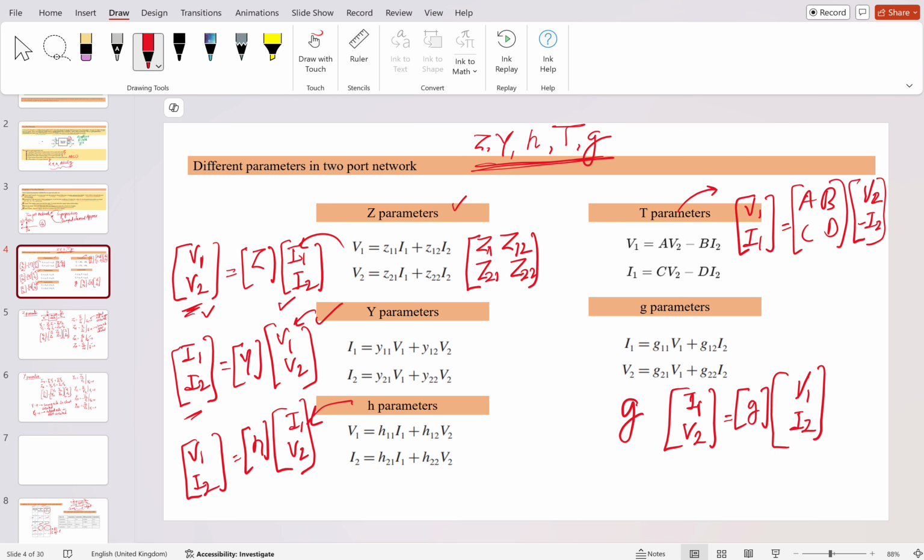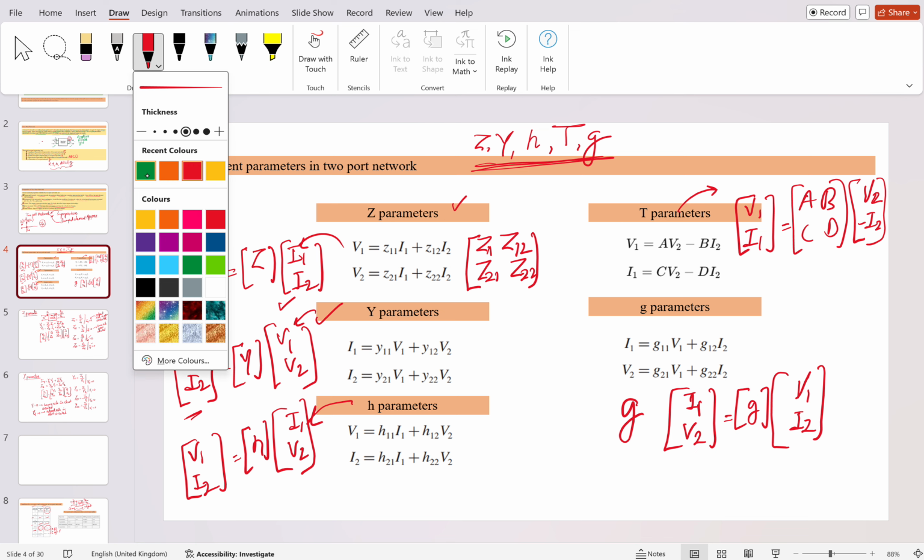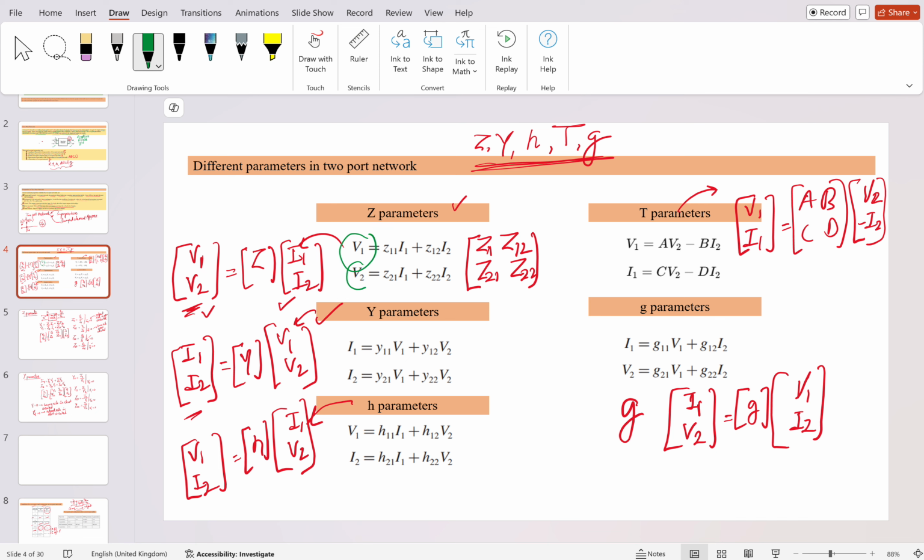The important thing here is that you have to remember the input variables in the different parameters. Suppose I am talking about the Z parameters. What are the input variables here? V1, V2, which you have represented in terms of I1, I2, with the variables Z11, Z12, Z21, Z22.